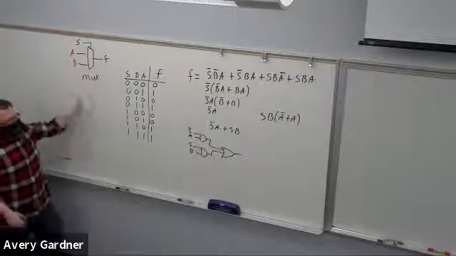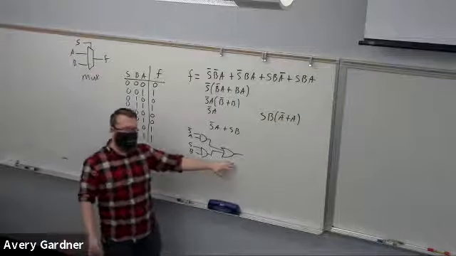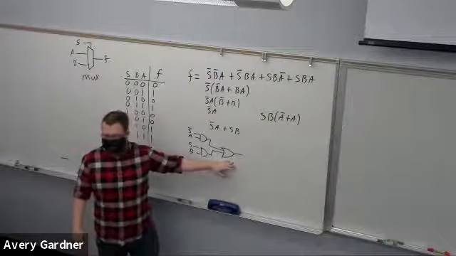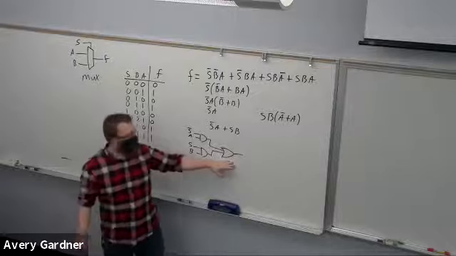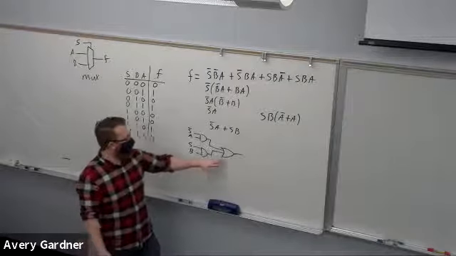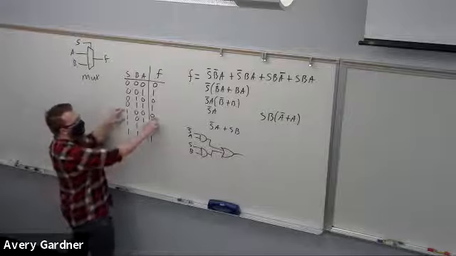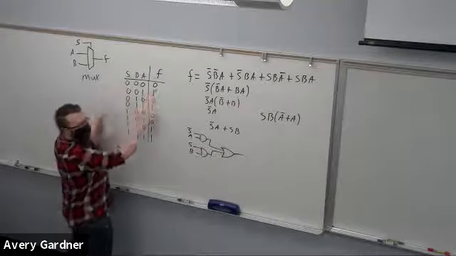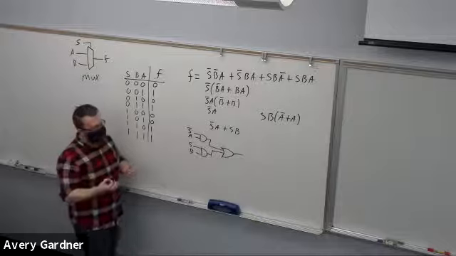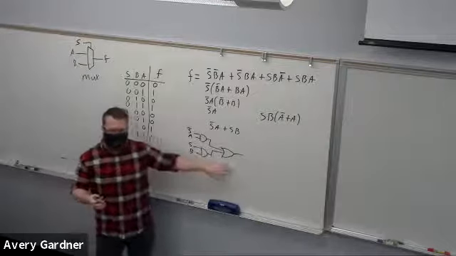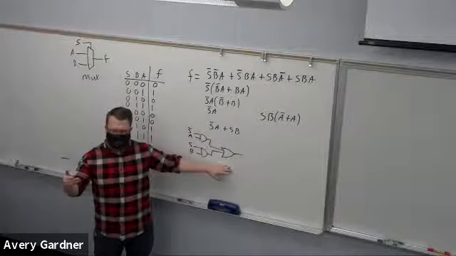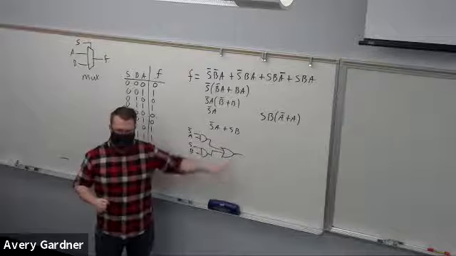Now, this output OR gate means it's easy to turn into NAND gates. At some point, I will probably go back and have you do a homework with some explanation of using the max terms instead of the min terms, because max terms give you an output AND gate, which means it's easy to turn into NOR logic instead of NAND logic.